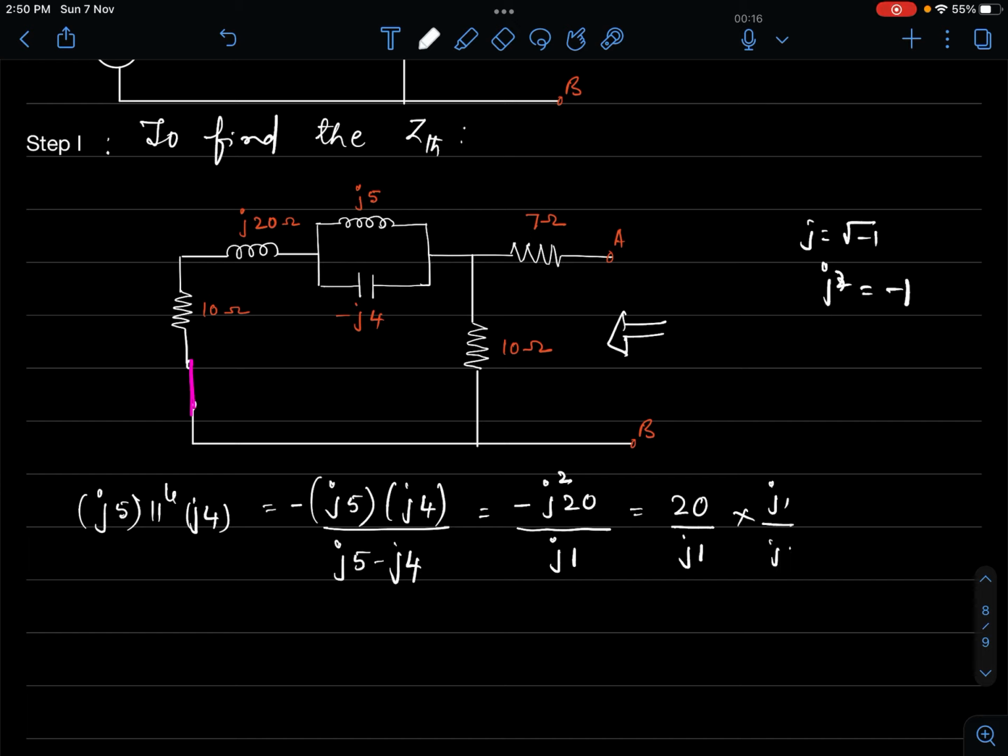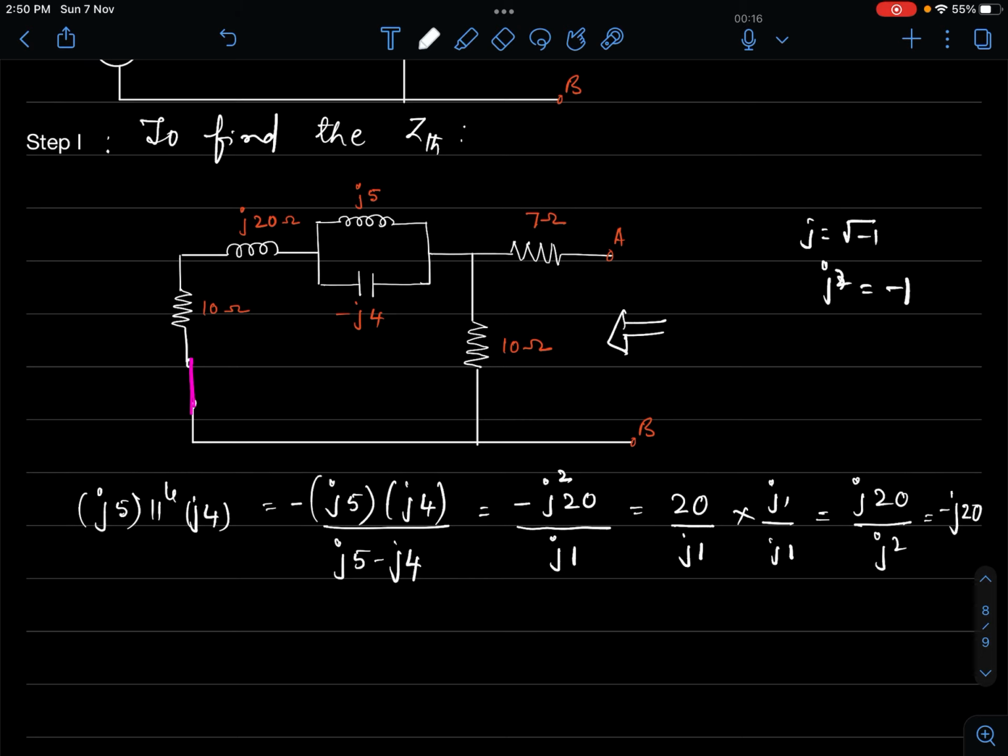I will rationalize this by multiplying and dividing by J1. What I get is, again, J square in the denominator. This is J20 divided by J square, or it is minus J20. Okay, that is what it is.